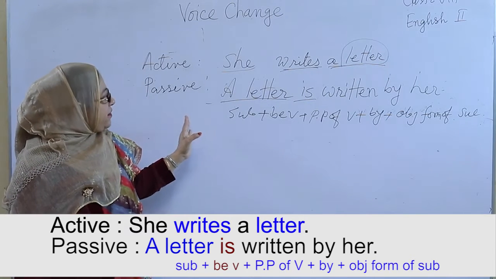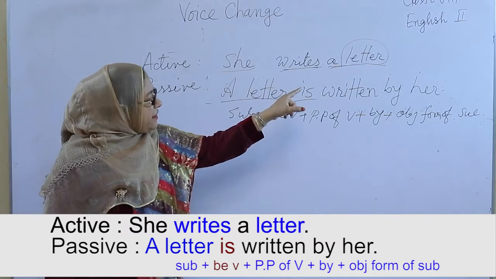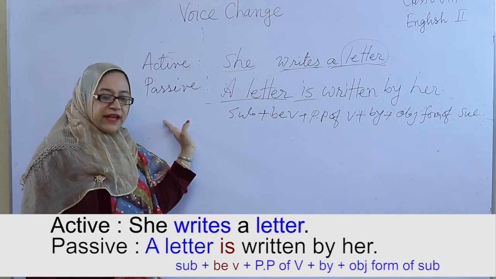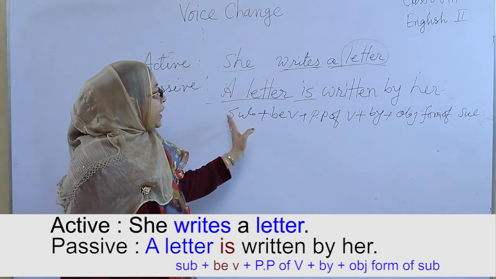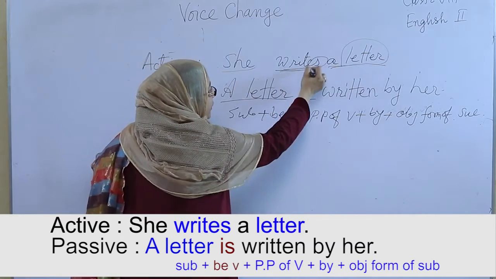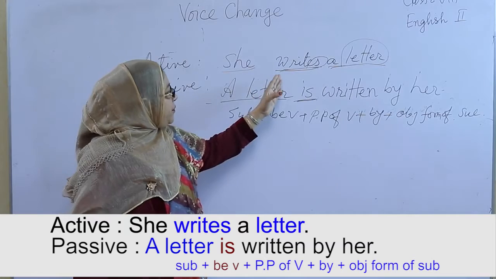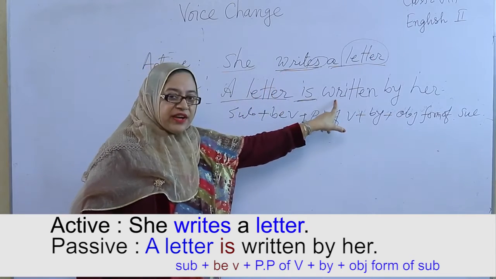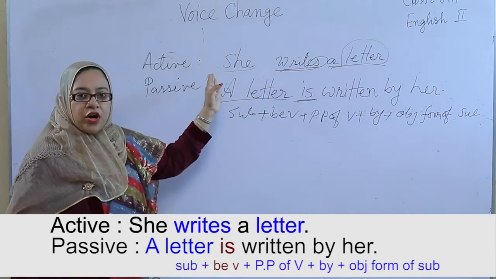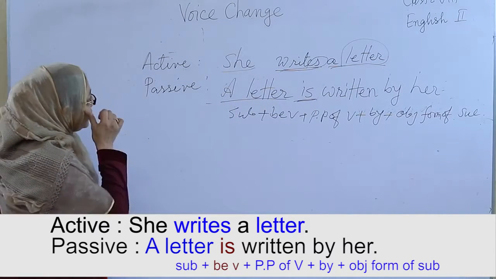So we see that the object of the first sentence, a letter, becomes the subject of this sentence, and then I use the be verb is because it is present tense. Then the past participle form of write is written, plus by, and then the objective form of the subject, her.